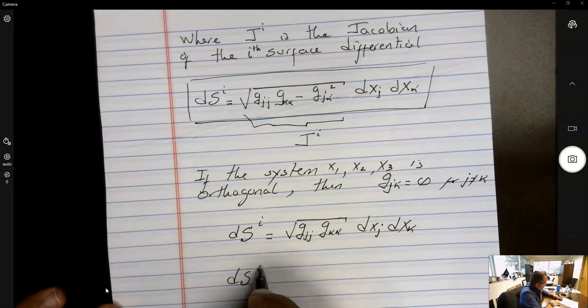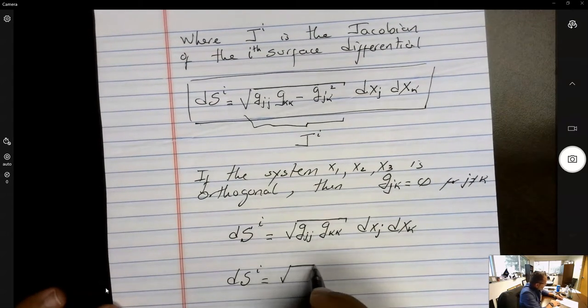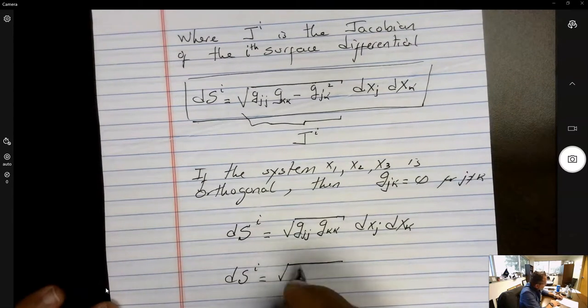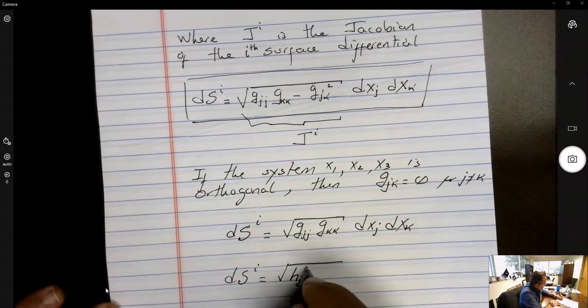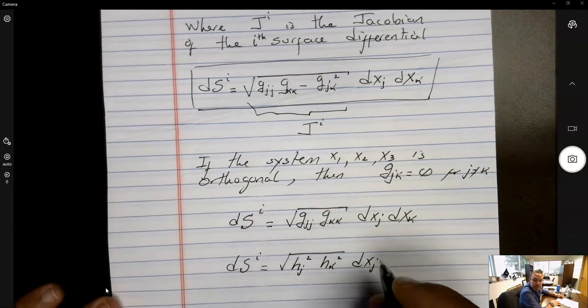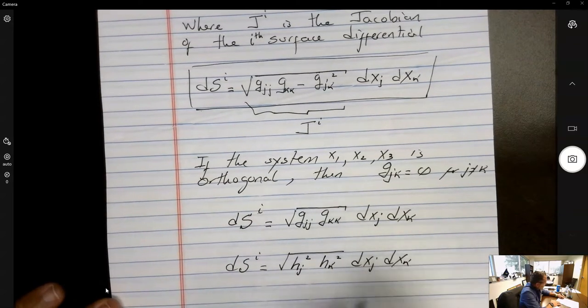By definition, h is the square root of these, so this will be hj squared, hk squared, dxj, dxk.